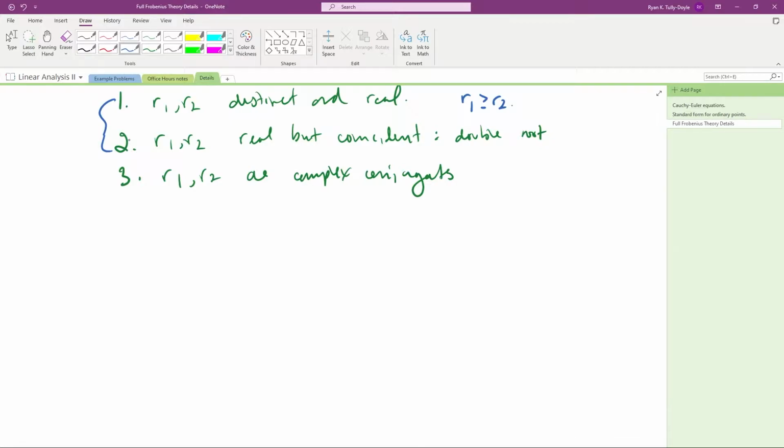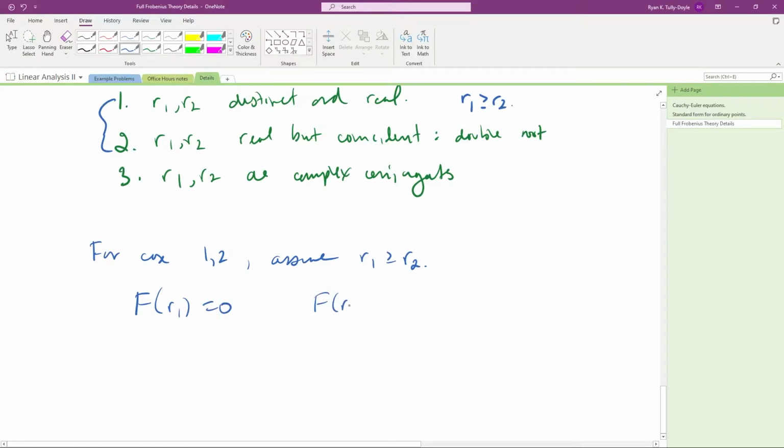And there's a reason for that, because we're going to make an observation about f of r plus n. For case 1 and 2, assume that r1 is greater than or equal to r2. What that's going to mean is that the only two values where f is equal to 0 are r1 and r2. Those are the only two solutions to f of r equal to 0.